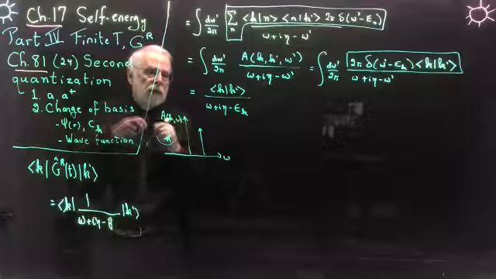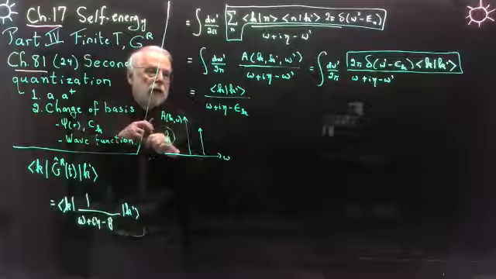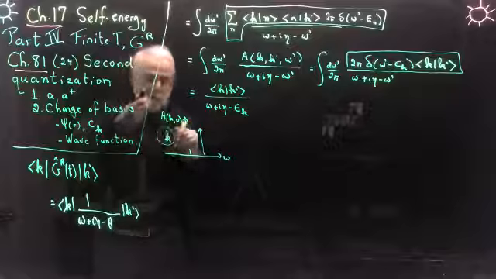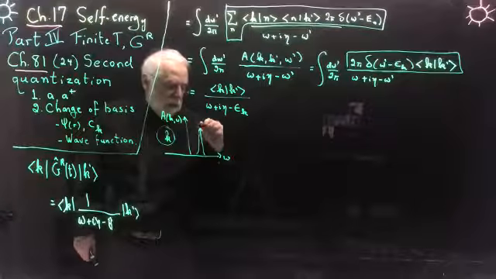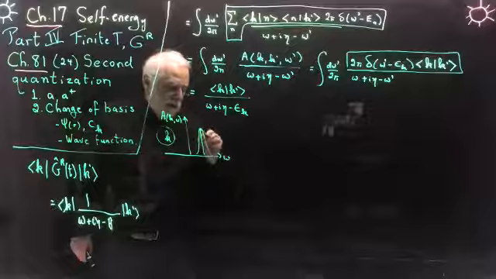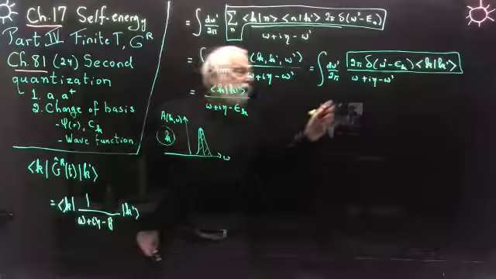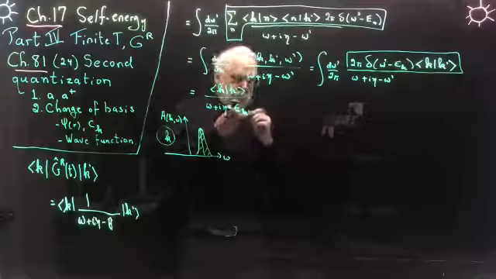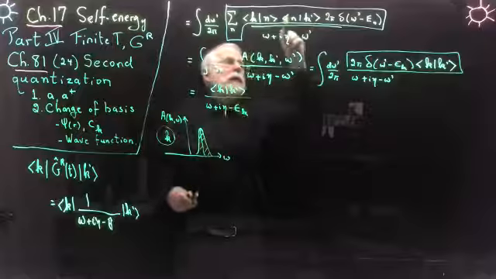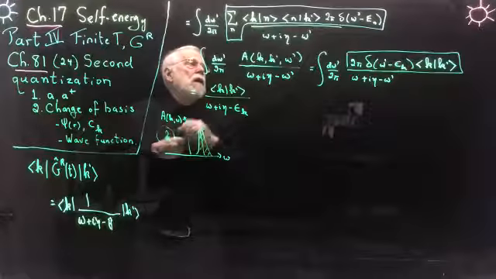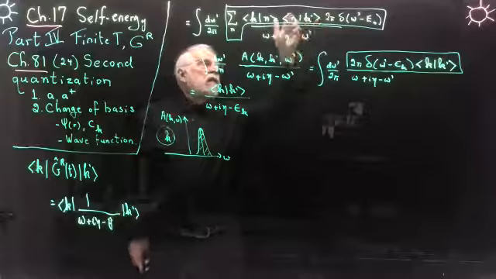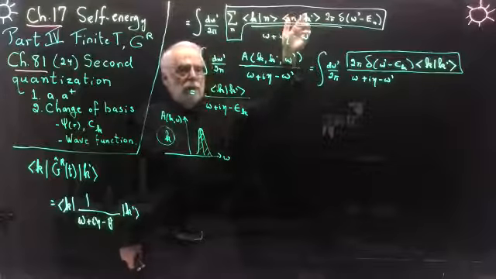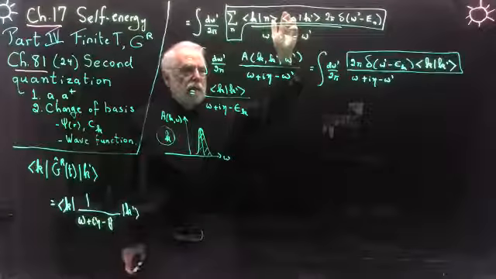What will happen if k is not a conserved number? If k is not conserved, then it means that this will spread. Think of this in the following way. Go back to this formula. Take k prime equals k, and the energy eigenstates are not momentum eigenstates anymore.